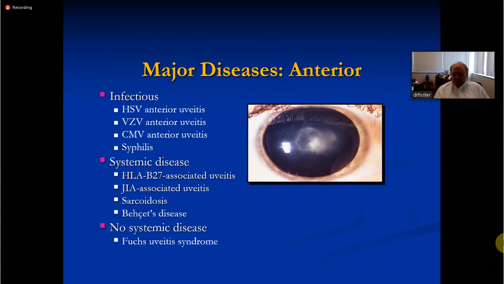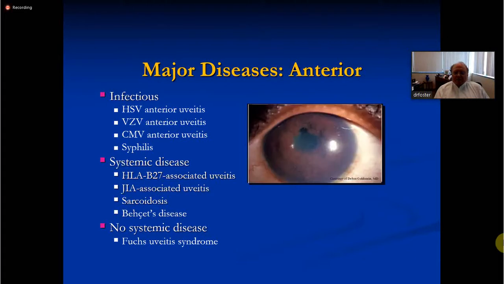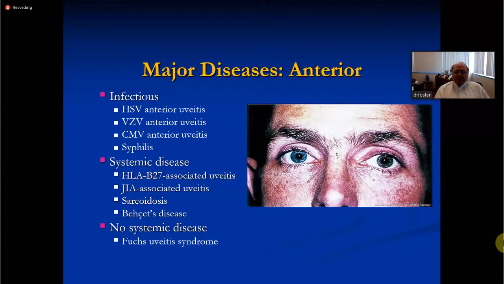And what you're looking at now is a posterior subcapsular cataract in a patient who had Fuchs heterochromic iridocyclitis. And here, of course, is a granulomatous uveitis with nodules and synechiae. And this patient has herpes simplex with iris heterochromia.